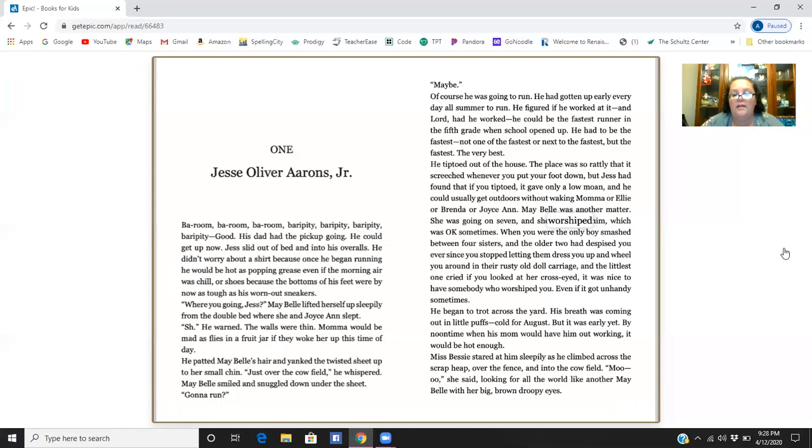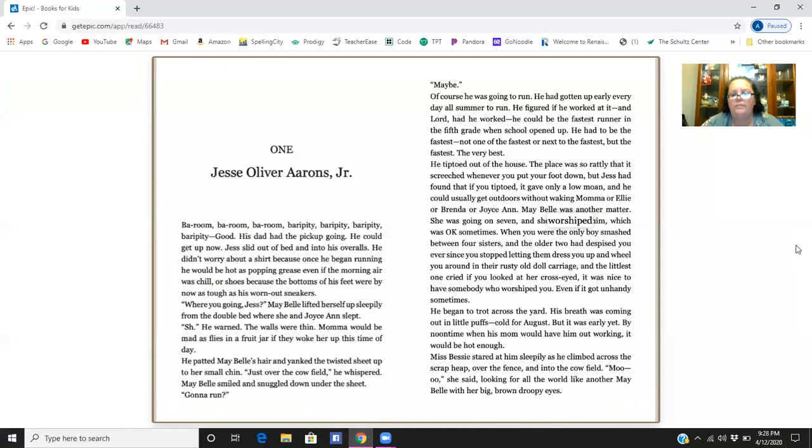He tiptoed out of the house. The place was so rattly that it screeched whenever you put your foot down. But Jess had found that if you tiptoed, it gave only a low moan, and he could usually get outdoors without waking Mama or Ellie or Brenda or Joyce Ann. Maybelle was another matter. She was going on 7, and she worshipped him, which was okay sometimes.